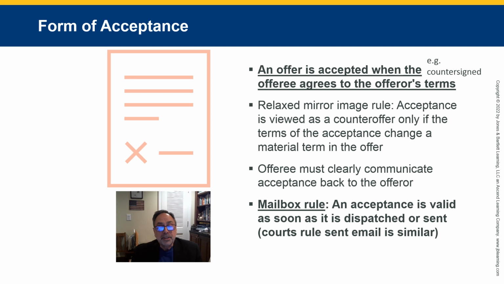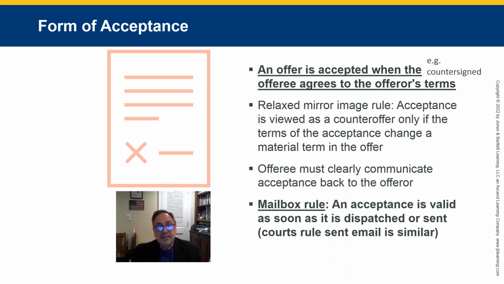As far as a valid offer for someone to accept or not, there's the mailbox rule, which says once it's mailed, once it's dispatched, the person now has a valid contract that can be countersigned and become valid once the recipient signs it. The court has ruled emails are the same. I send you an email offering a contract.